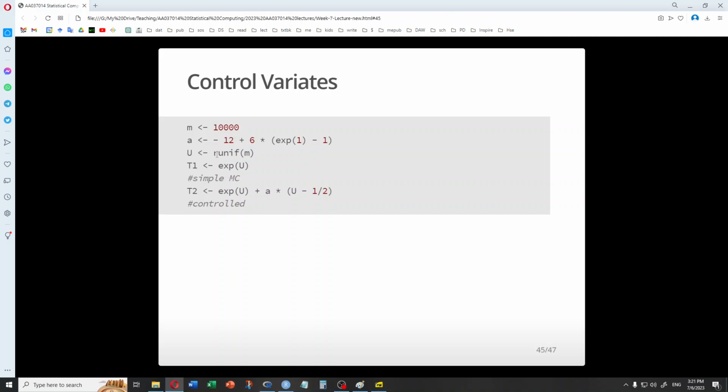U is runif of 10,000 numbers, and T1 is the simple Monte Carlo estimate, which is given by e to the U. T2 is using the control variate, and this one is given by e to the U plus a times (U minus 1 over 2).